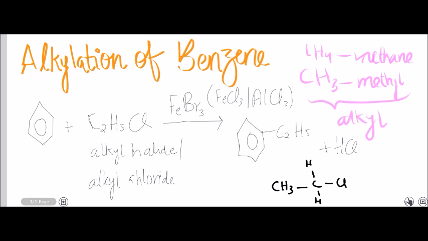And this compound, which is our alkyl halide or alkyl chloride, chlorine is going to be removed from here, and we're going to have a carbocation over here, C2H5 positive. This carbon is going to turn into a carbocation, and it's going to act as an electrophile, right?